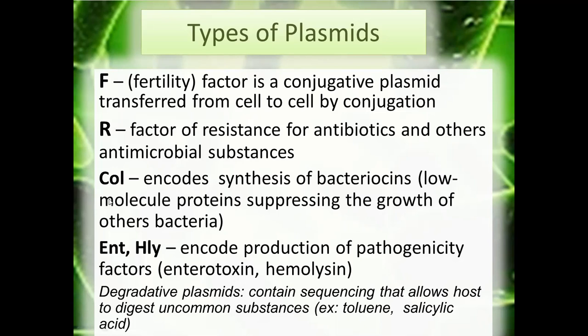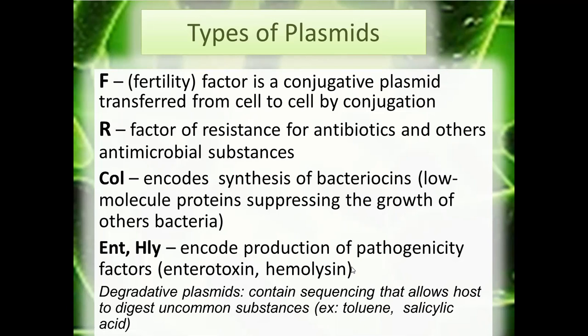Pathogenic properties of bacteria also may be associated with the presence of plasmids, like the Ent plasmid, which is responsible for production of enterotoxin affecting the intestinal tract of people, or the Hly plasmid, encoding hemolysin, the substance which can cause hemolysis, the lysis of erythrocytes.